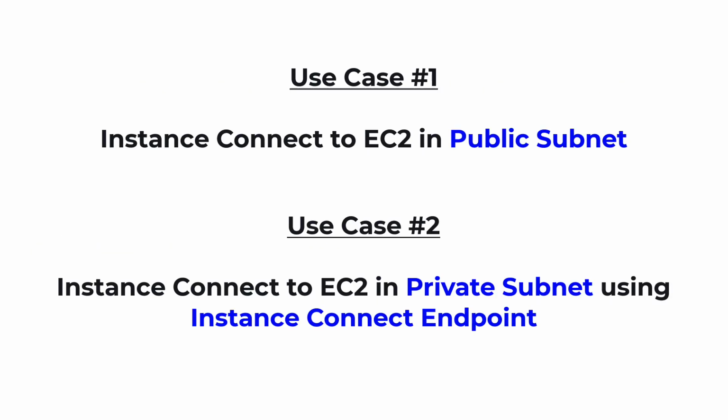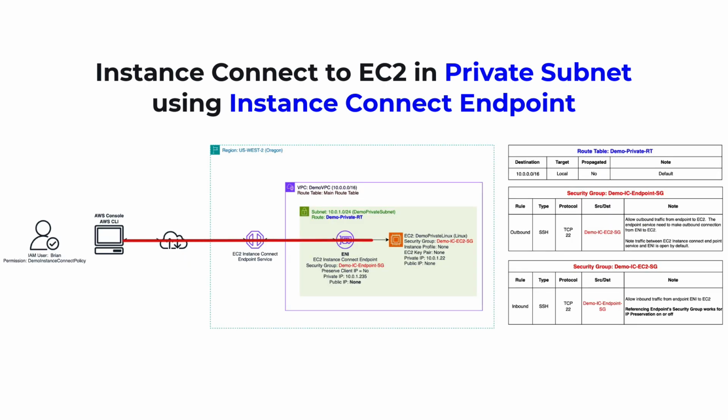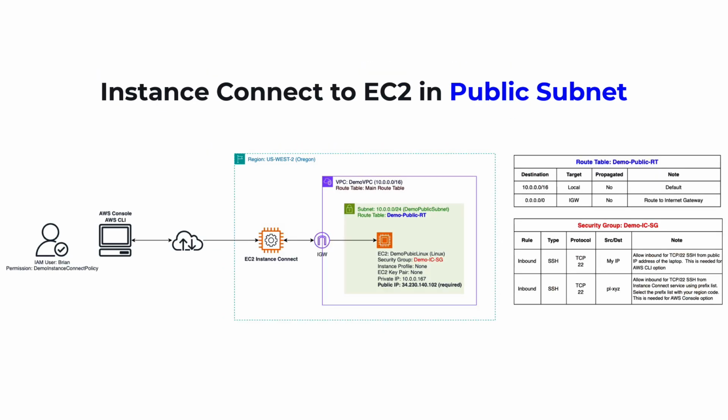There are two use cases we will build using Instance Connect. First is connecting to a Linux EC2 inside a public subnet from the internet using either AWS console or AWS CLI. Second is connecting to Linux EC2 inside a private subnet using the Instance Connect Endpoint service.